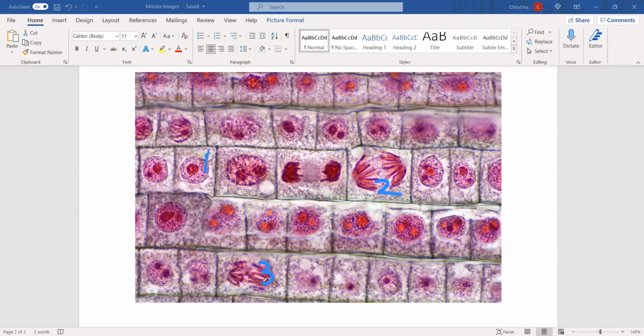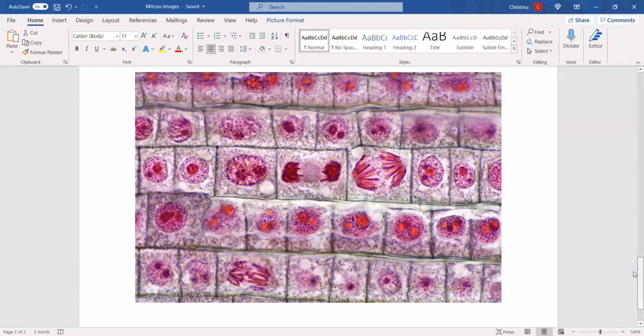What's number 3? 3 would be anaphase. What's number 4? This would be telophase. And in this example, we're not seeing metaphase in there.